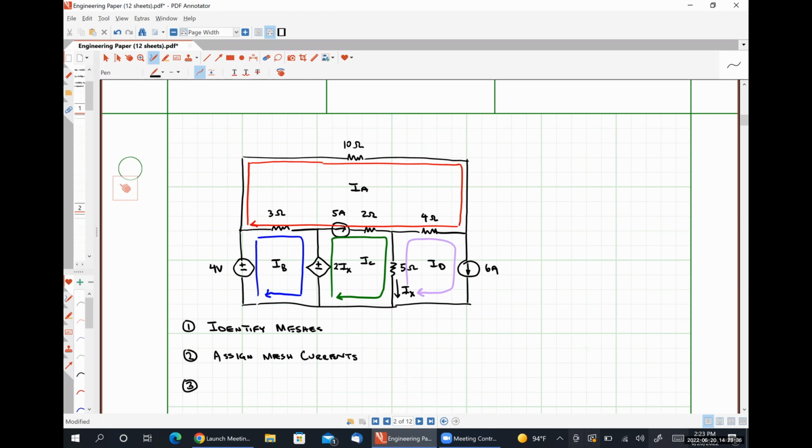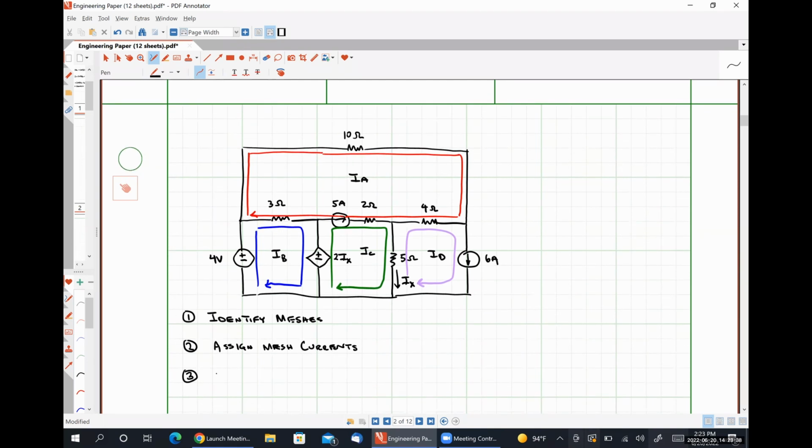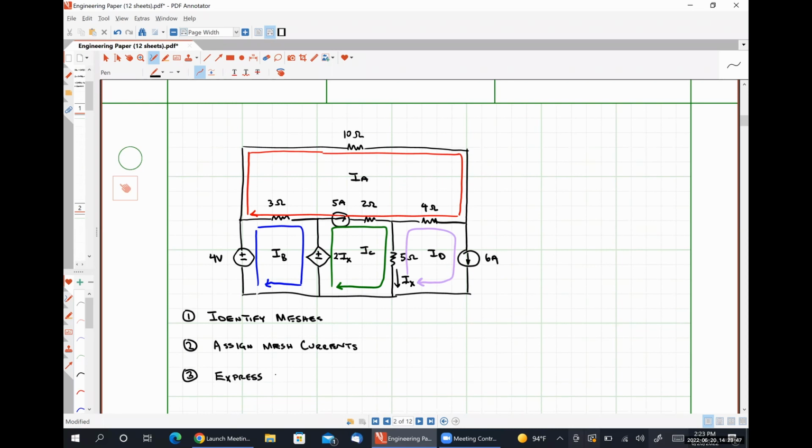Step 3 will be to express controlling variables in terms of mesh currents. I'd like some assistance from you guys on this, if you don't mind.